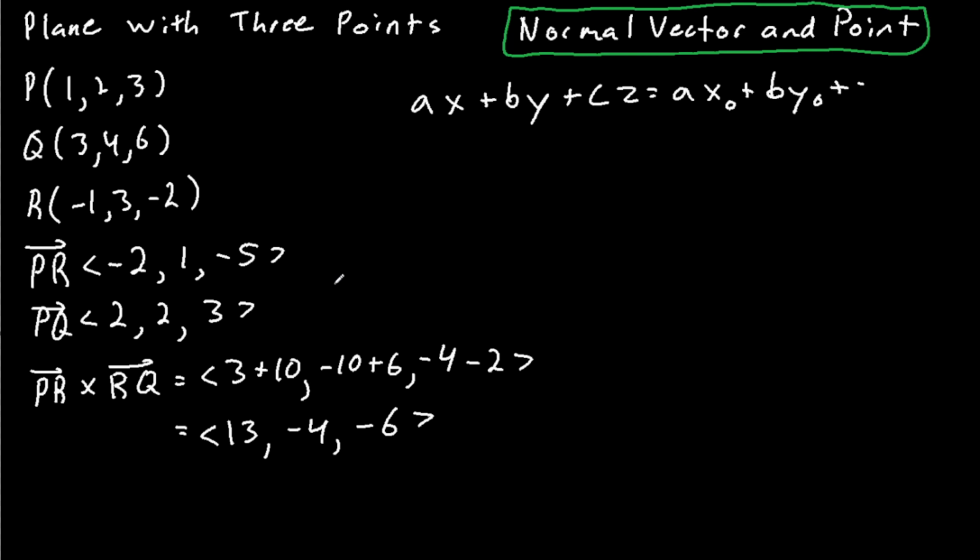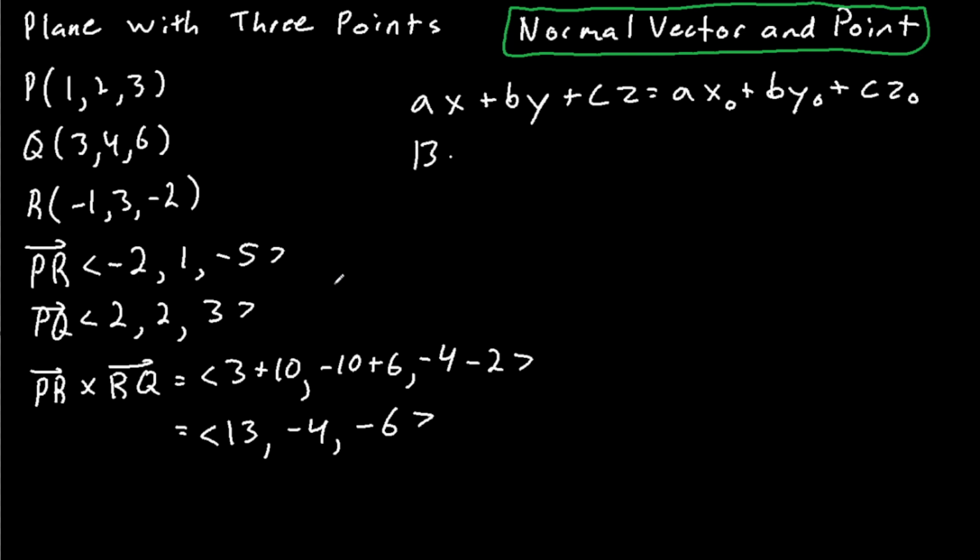The nulls are the components of any point on the plane, and A, B, C are the components of the normal vector. A is the x component, B is the y component, and C is the z component.